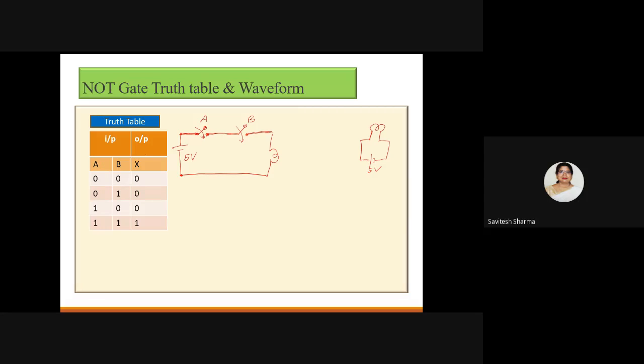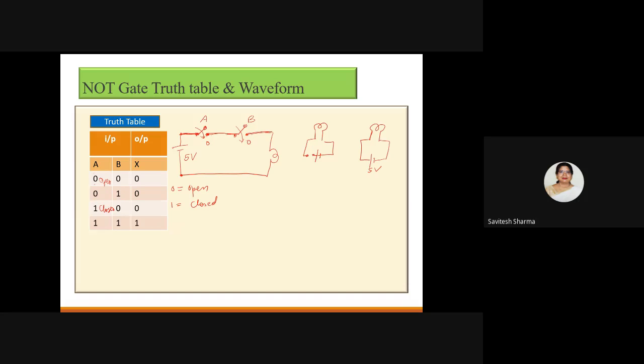So what will happen, just verify the operation. Suppose you are applying 0 0. 0 means the switch is open, and 1 means the switch is closed. For the first combination, if you are applying 0, your switch is open, that means this point is disconnected, so the bulb will not get a supply.